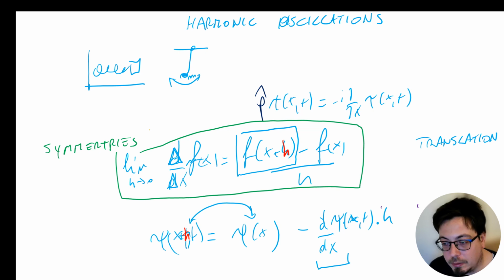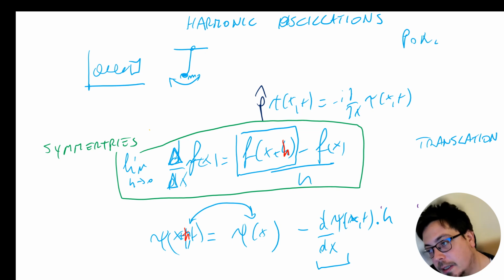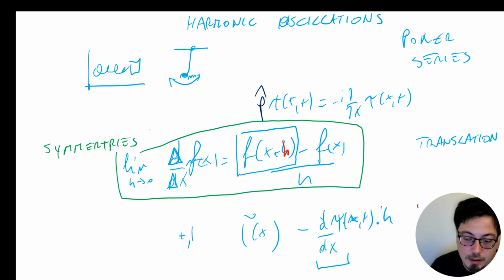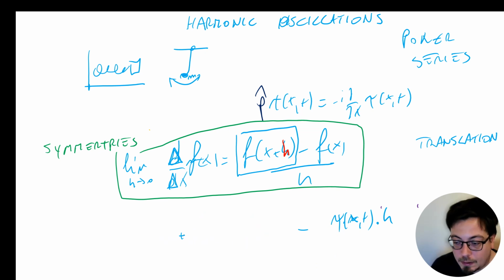We want to keep doing this expansion, and then we can apply many orders of the derivative, because basically, if you remember the power series, this can go on and on with infinite terms. You can write any function with infinite terms, and each of these is a derivative.